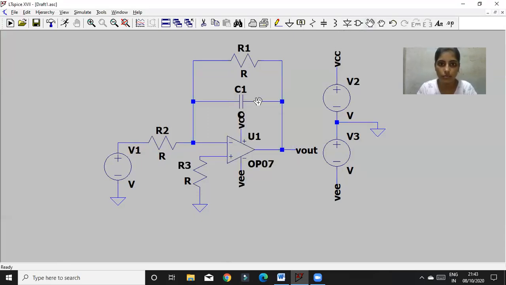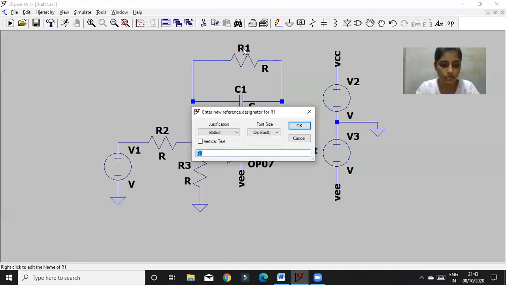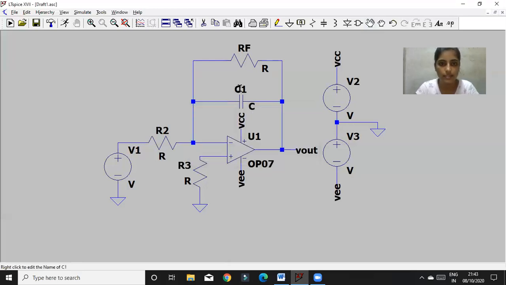First of all, I move this here, and this I move here. So this is my Rf. This is my Cf.